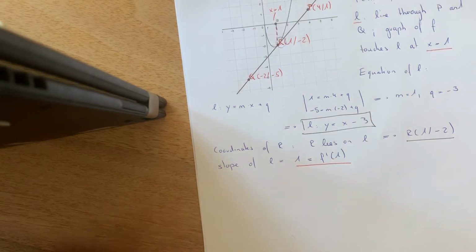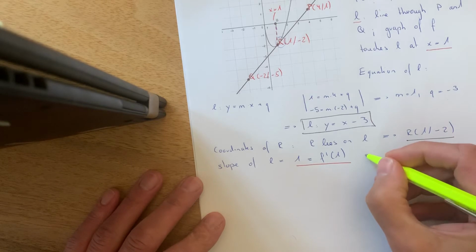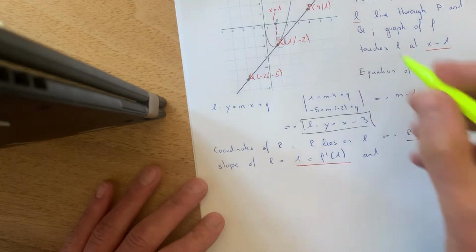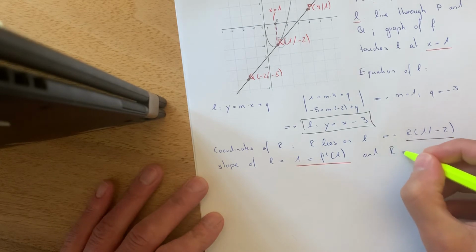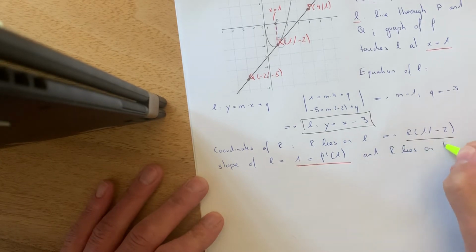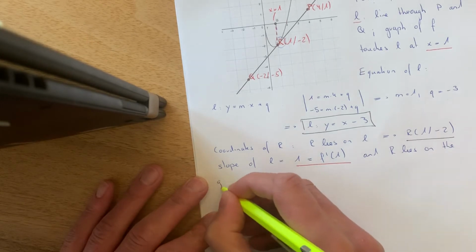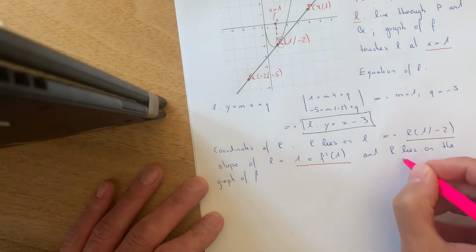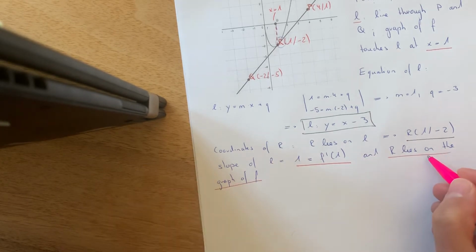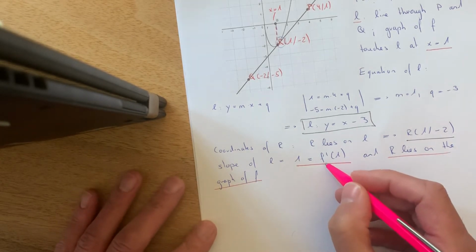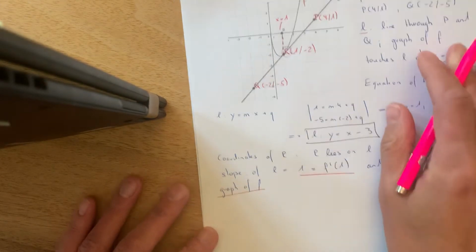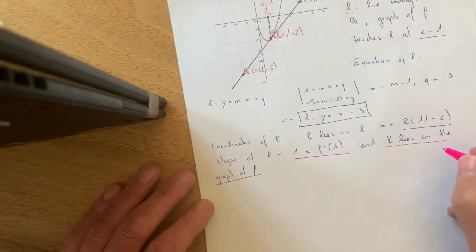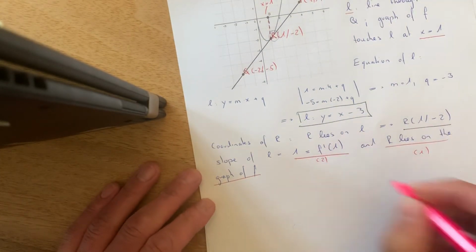And moreover, we know also that this point R lies on the graph of f. And you see here, this gives me one equation, this gives me a second equation, and since we just have two unknowns at the beginning, well, that's just what we need. So this is 1, this is 2.